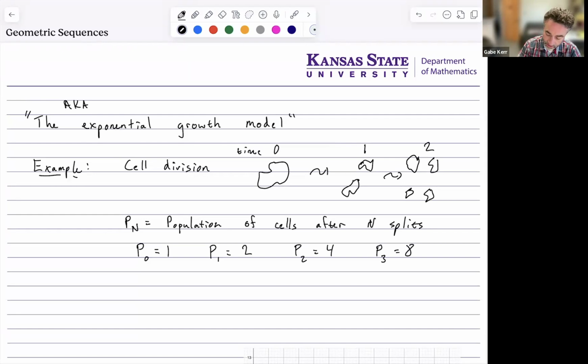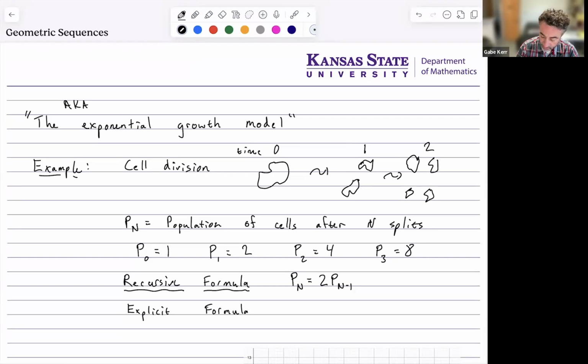So this gives us a recursive formula: if you want to take the step from the n minus first population to the nth population of cells, we just multiply by 2 each time, because each of the cells in the n minus first population turns into two cells. So this is the recursive formula, and there's an explicit formula as well.